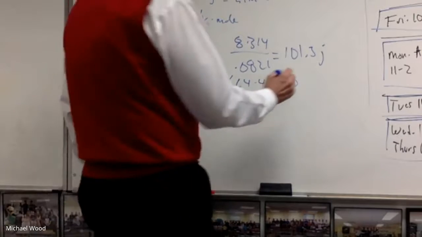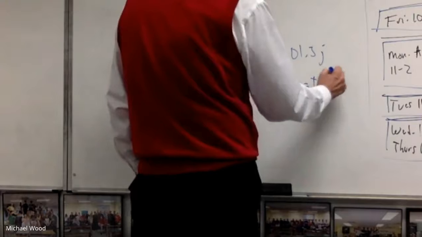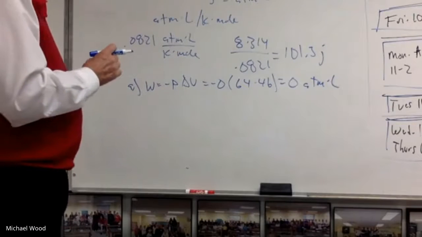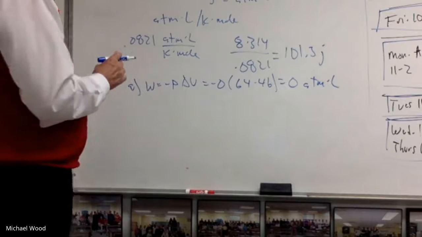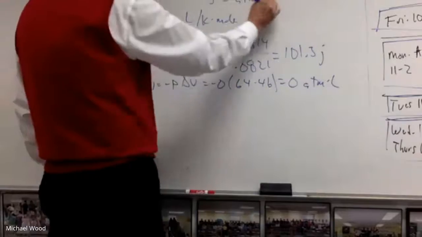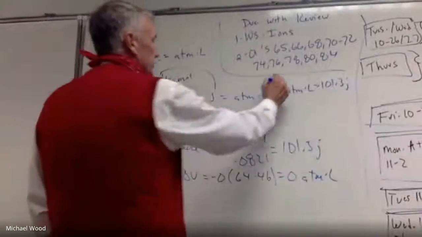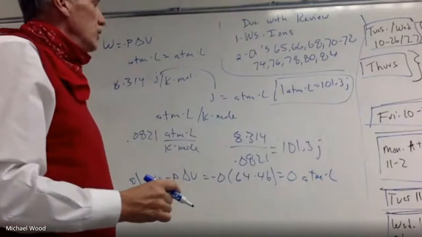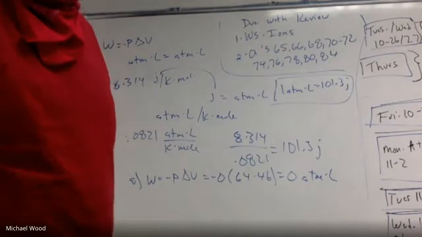And the unit on this, again, technically is atmosphere liters. Going back up here, I'm sorry, I'm bouncing around, this is the key thing you should know: 1 atmosphere liter is equal to 101.3 joules. That's what you should know.